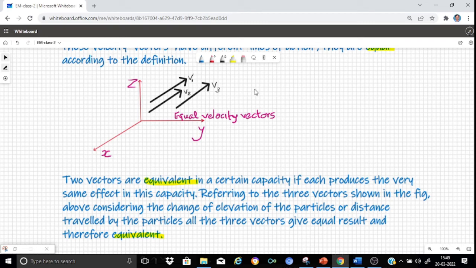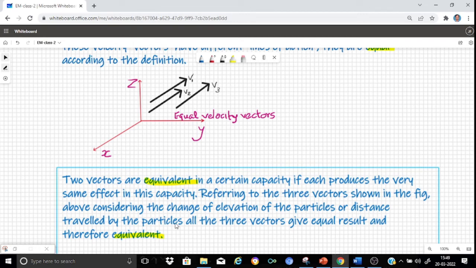It means that considering the change of elevation of the particles in a given time frame, or the distance traveled in a given time frame, all three vectors v1, v2, and v3 are equivalent because they produce the same effect. That means if you consider the change of elevation, they produce the same change of elevation in a given time frame.